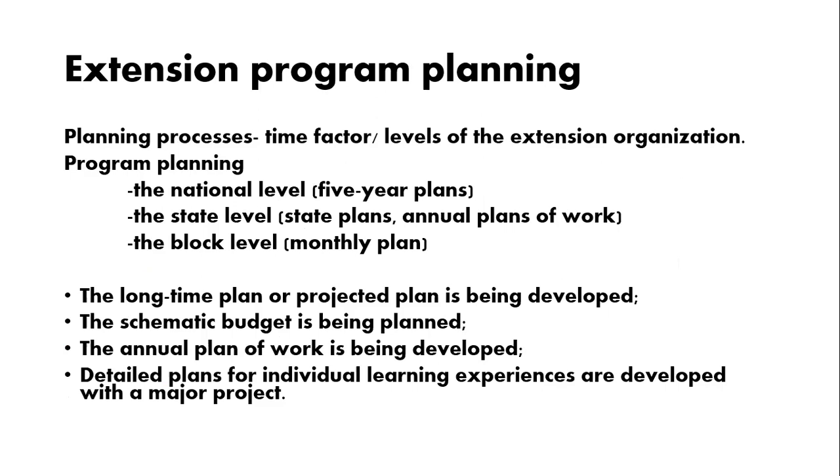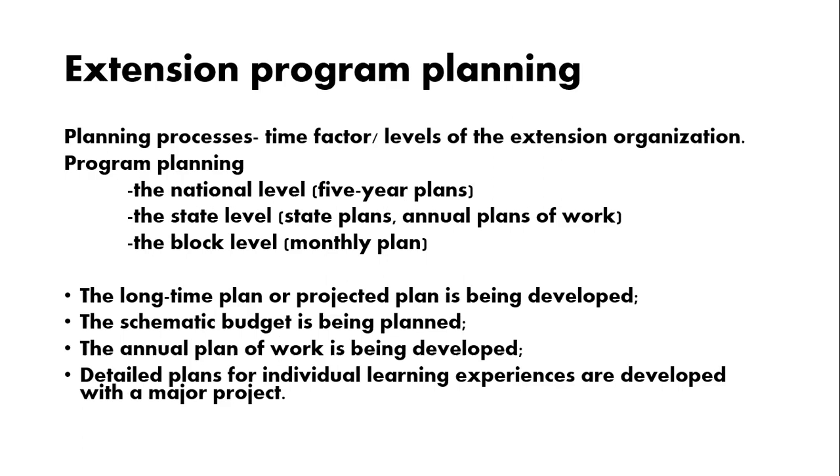For example, at national levels we have 5-year or 10-year plans. But unfortunately here in Sri Lanka, we don't have such a national plan. In other countries, the national level plans have a time factor of around 5 years. And at the state level, maybe regional or provincial level, they have annual plans or 2-year plans.